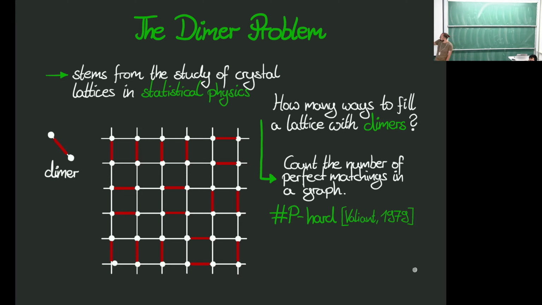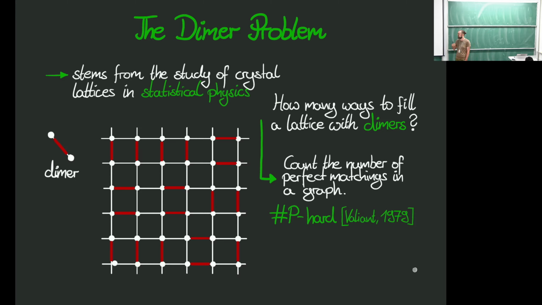If you look closely at my dimer, you can see it's just an edge between two vertices. So if I fill my lattice with dimers, I'm essentially just asking for a perfect matching in my graph. So you could say answering the dimer problem is essentially just counting the perfect matchings in my graph. And that turns out to be essentially the prototypical problem that's hard for counting.